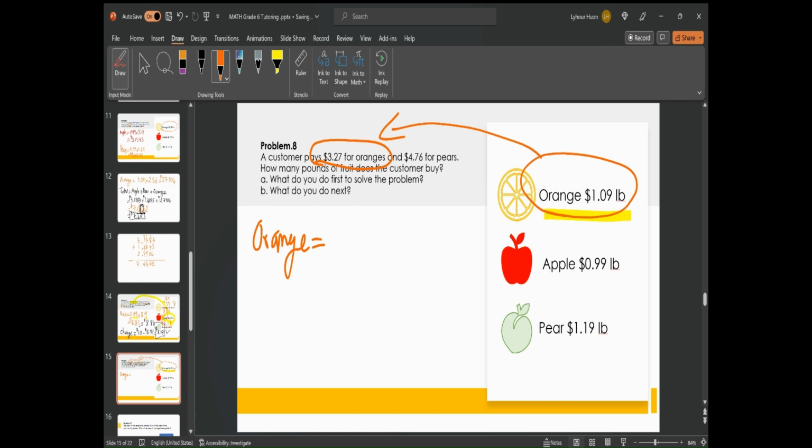But how can you find that three pounds? Do we multiply or do we divide?